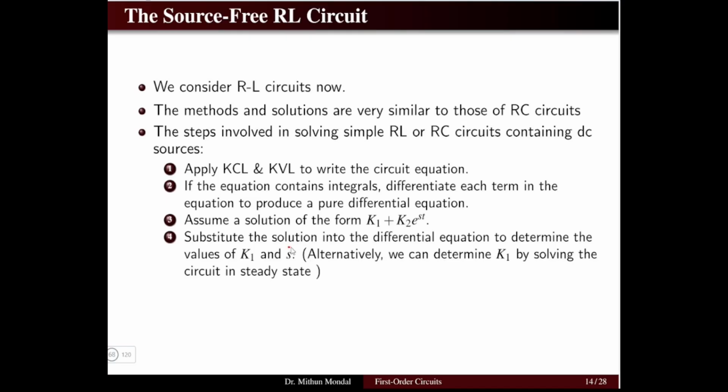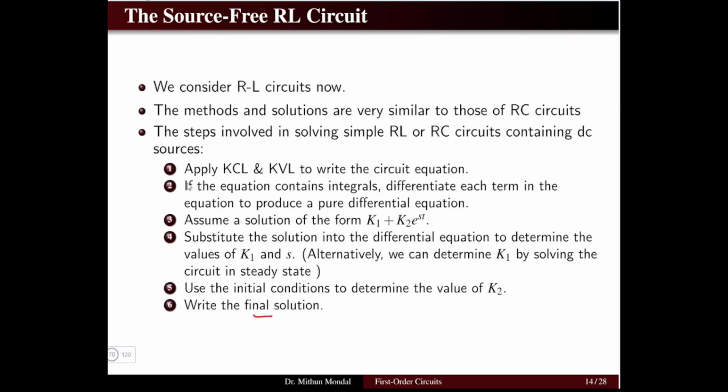The solution coefficient k1 can be obtained from the steady state. When the circuit is in steady state, what is the value of k1 that we are going to obtain? However, the value of k2 we are going to obtain from the initial condition of the inductor or capacitor, and then we are going to write the final solution.